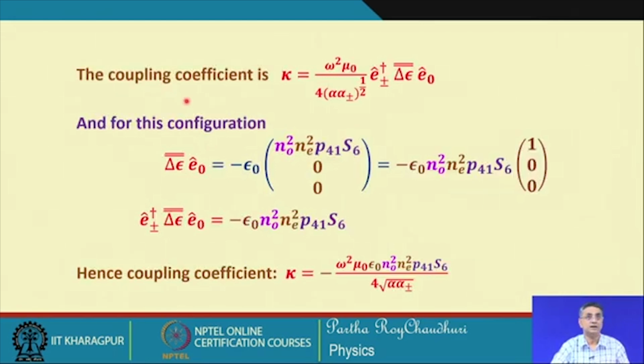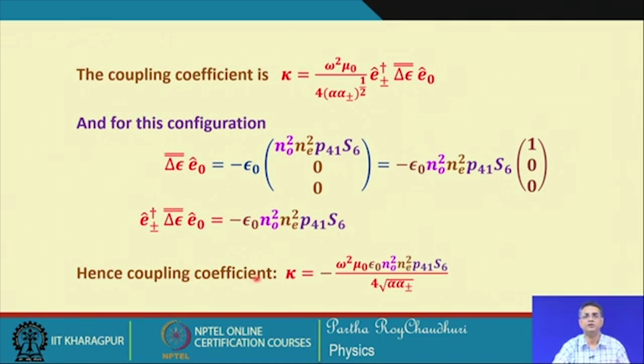In this case, the coupling coefficient k is given by this, which is the same expression, but now we have been able to evaluate this quantity. So, therefore, for this delta E and E polarization of the incident beam, we get this quantity which is x polarized, and this gives you this scalar epsilon 0 n o square n e square, then p 41 and S 6.